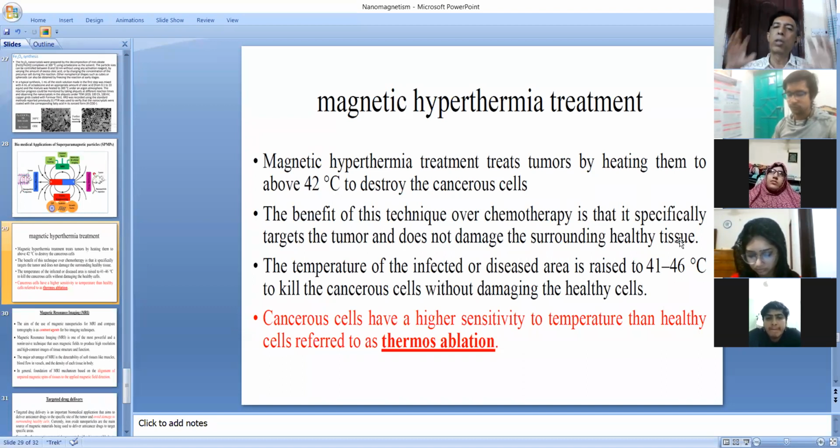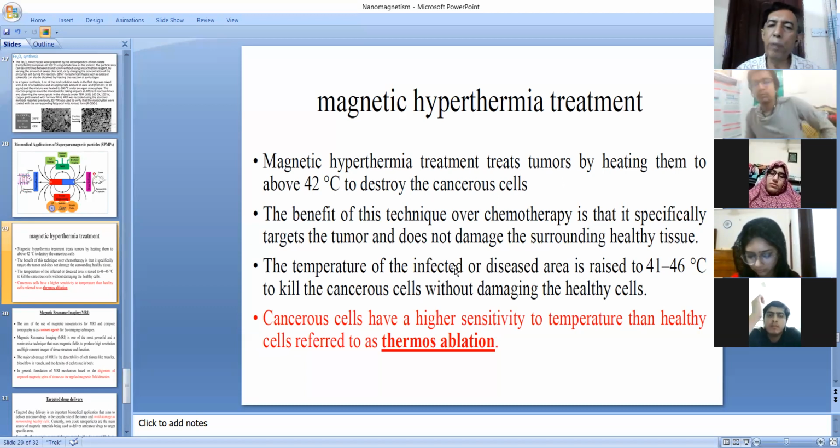Why? Because chemotherapy affects the healthy cells. But this will not affect any healthy cell. It will affect only the tumor, and by some way you raise the temperature of that tumor, and the tumor will be destroyed.